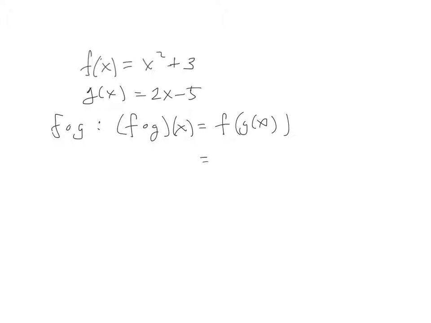Your input is still x, and the first time it comes in, g of x is going to take that input, multiply by 2 and subtract 5, and that will be what is now the input to f. f takes whatever it's given and squares it.